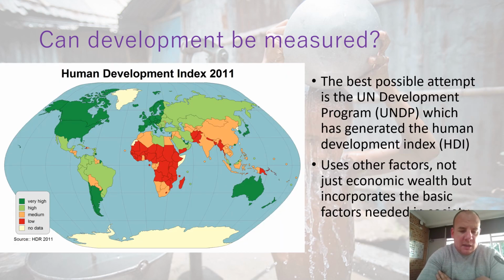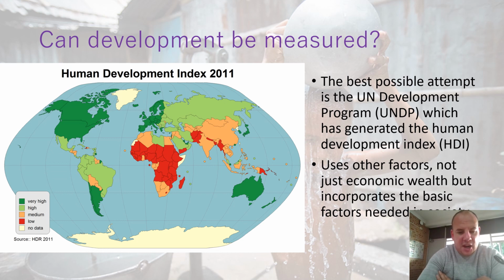Now, to give the best possible way of measuring development, we have the Human Development Index, which is developed by the United Nations Development Programme, and they try to use wealth as well as other factors such as happiness and access to education. This is really the best possible way we can look at spatial patterns.